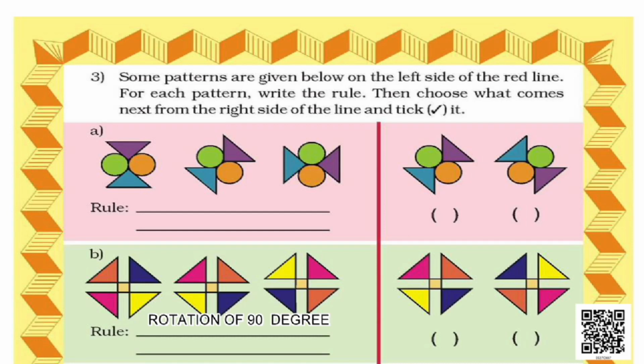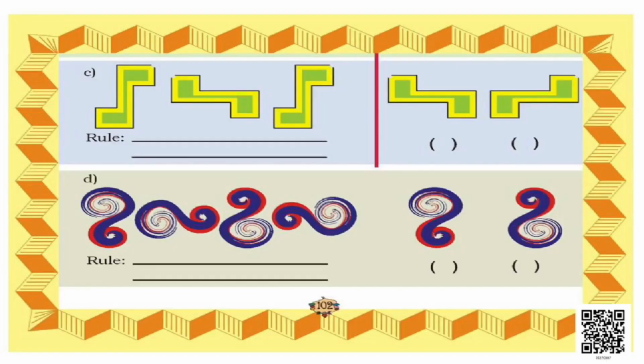So, what should be the fourth picture? Let us find from the options given on the right side. Exactly, it should be option 2, because when it gets a 90 degree turn, its position should be the same as the picture given in option 2, isn't it? So, now there are some more tasks for you. I hope now you have understood the rule and you can do it by yourself.